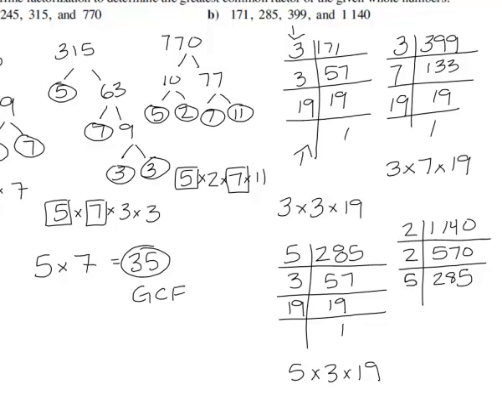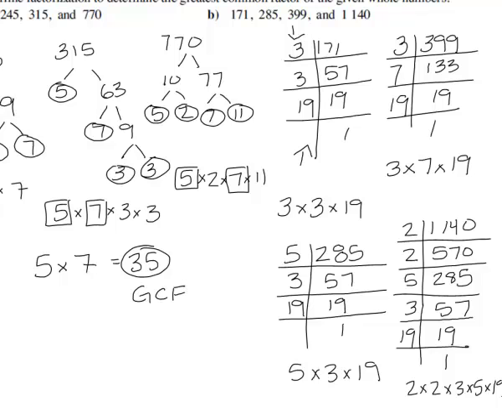So I divided that by 5. 285 divided by 5 is 57. Now I start to see some familiar numbers. That's divisible by 3 to make 19, which is divisible by 19 to make 1. Obviously this is a larger number, so there are a lot more factors. 2 times 2 times 3 times 5 times 19.